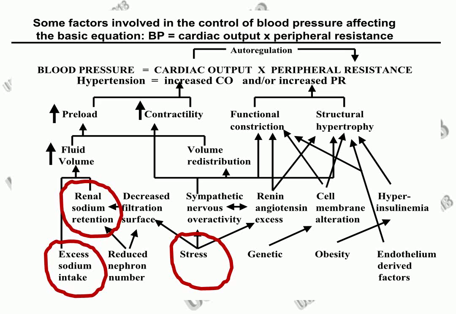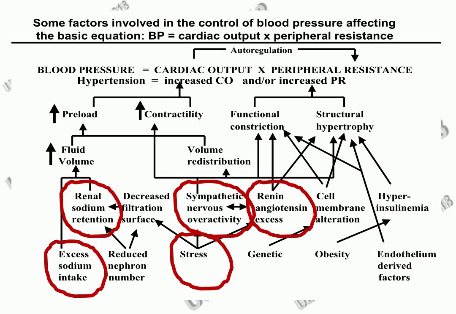Any form of stress can affect your sympathetic nervous system, and that also affects the equation, affecting your cardiac output. Of course, equally important is your renin-angiotensin system. Anytime you have a renin-angiotensin excess, it can also affect the equation, mainly causing increased peripheral resistance through your angiotensin, which is a vasoconstrictor.